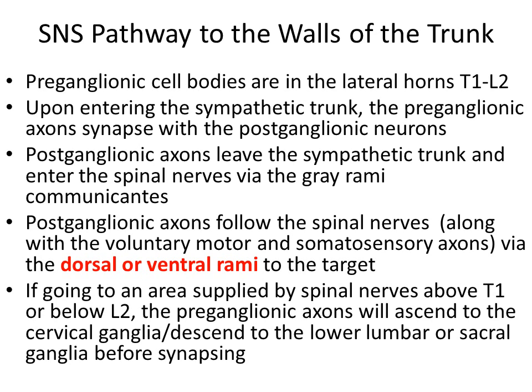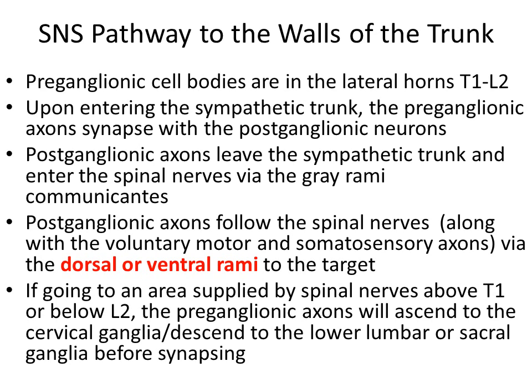Upon entering the sympathetic trunk, so we've started in the lateral horn, gone out the ventral root, entered the spinal nerve, gone to the ventral ramus, and then entered the sympathetic trunk through the white ramus communicans, the preganglionic axons will synapse with a postganglionic neuron.